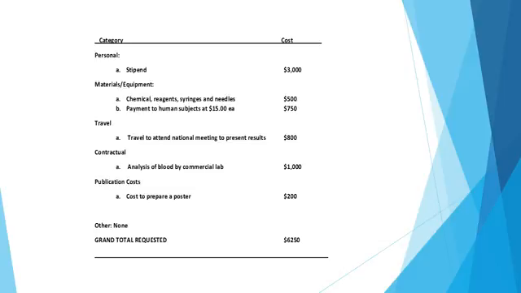Similarly, under materials and equipment, you have 2 requests: chemicals, reagents, syringes, and needles for $500, payment to human subjects for $15 each to total $750, and so forth, for a grand total, in this case here, $6,250. This is the request.